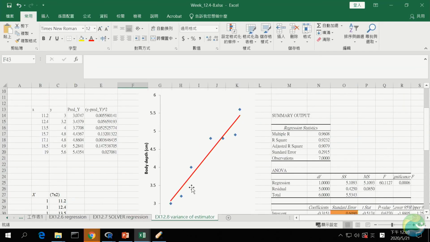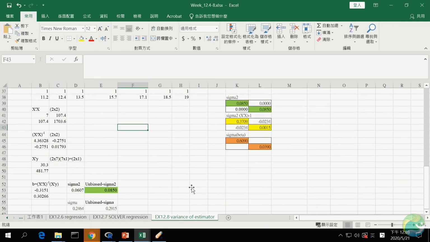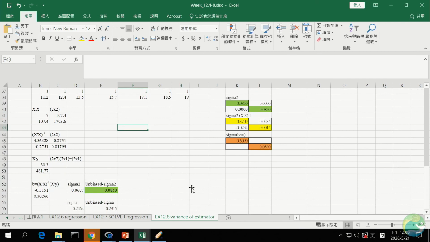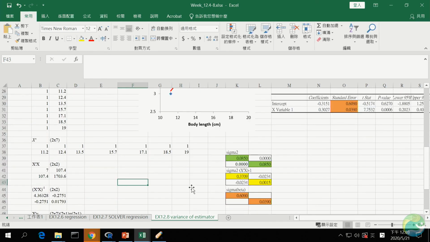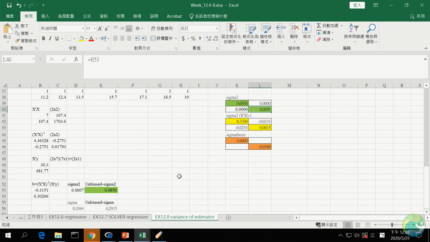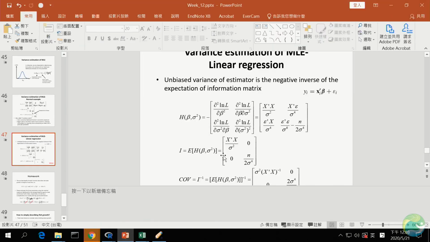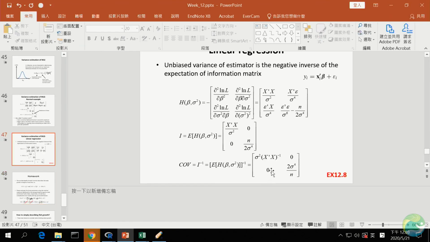So here, we do the second derivative and then we do the inverse. So by definition, it's this one, right?